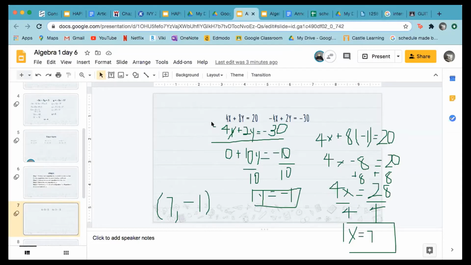But let's say it wasn't a negative. Let's say it was 4x and positive 4x. What you would have to do is put parentheses around everything and then multiply the whole thing by negative 1 in order to make that a negative 4x, so you can cancel them out and create a 0.